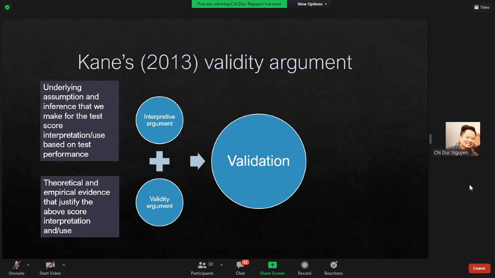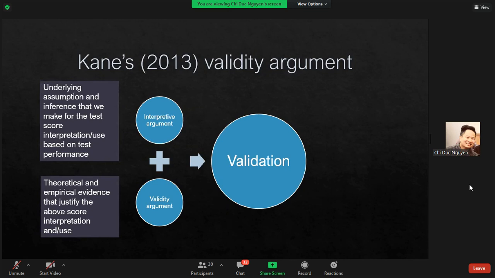For example, if my student sits for the final examination, based on the score, I can decide whether this student can move to the next course or has to take the whole course again. In order to justify the plausibility of this decision, I have to make several kinds of inferences, several kinds of claims. For example, that the test score truly reflects his ability is one claim.